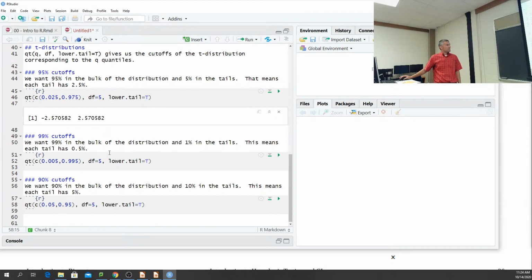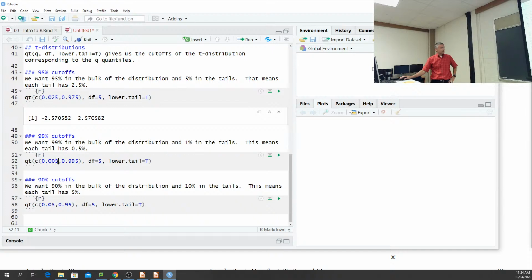For the 99% cutoffs, now we want our interval to capture 99% of all of the values. That's going to capture the bulk, which means our tails only have 1%. That's 0.5% in each of our tails. So here is our vector of probabilities, or quantiles.